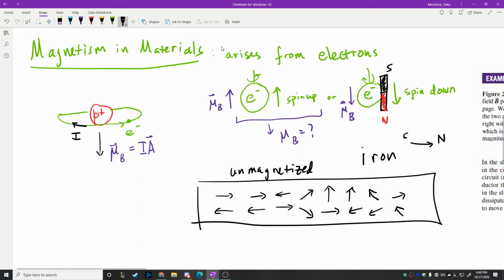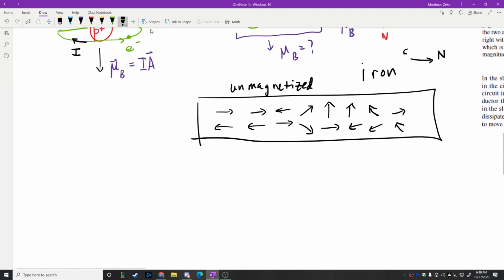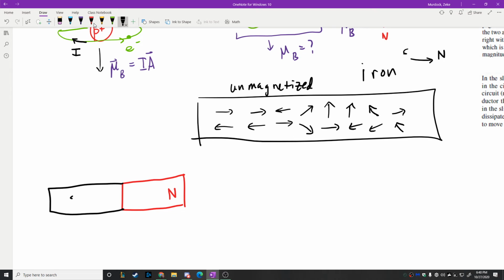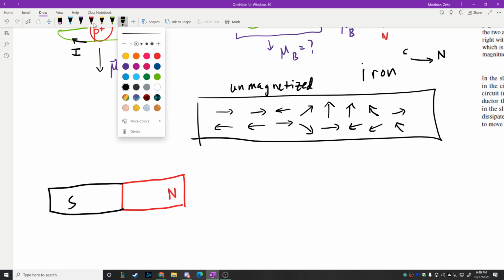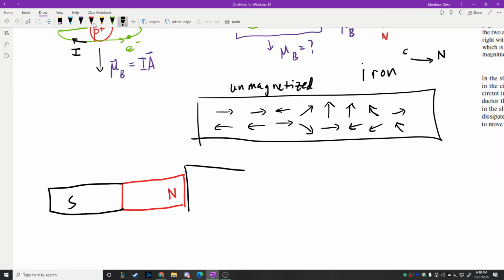But then suppose that you take this same piece of iron and you place it inside of a magnetic field by putting a magnet on one end or something like that. So let's do that. Let's say that we take a magnet, north end here, and the south end over here, and we put our little piece of iron on the end of it, like this right here.